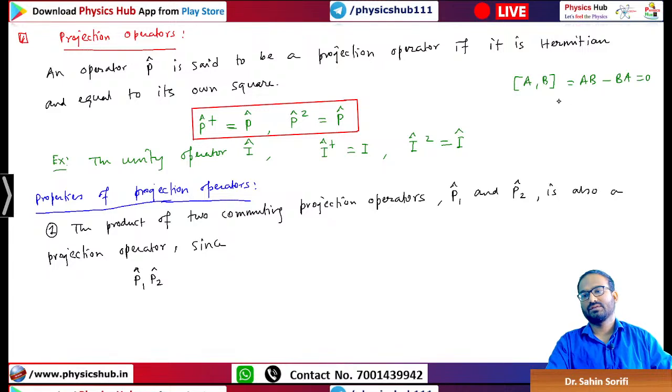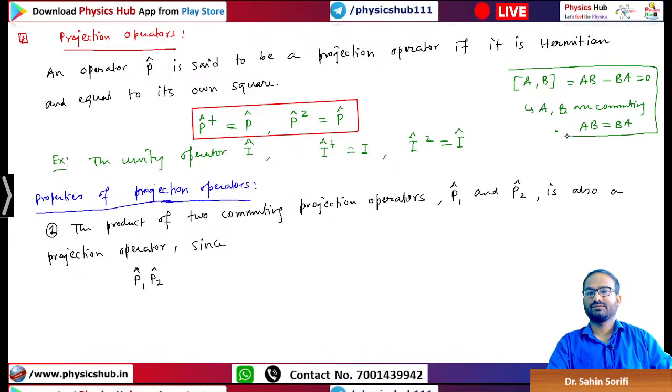If it is 0, then you can say that A and B are commuting. Under this situation, A and B can be simultaneously measured, meaning the error in measurement will be 0. So this is the meaning of commuting: the commutation of A and B should be 0, so AB will become BA for commuting operators. Okay, this is a side note you can add if you do not know.